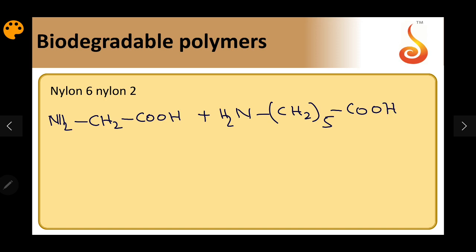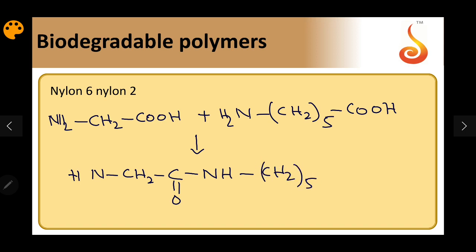So both are amino acids with 2 and 6 carbon atoms. So if you combine, it is going to form the structure like this: NH, CH2, C double bond O, NH, CH2 5 times, C double bond O, and this will repeat. So nylon 2, nylon 6 is also one of the important biodegradable polymers. So there are 3 biodegradable polymers, out of which dextran is the first one to be prepared.